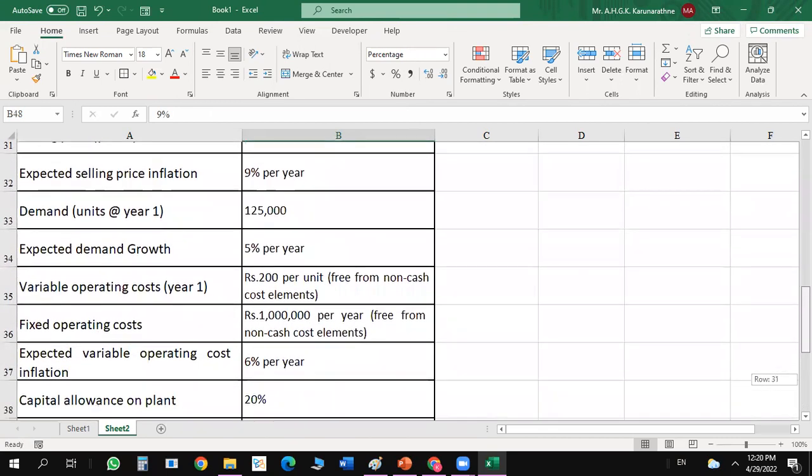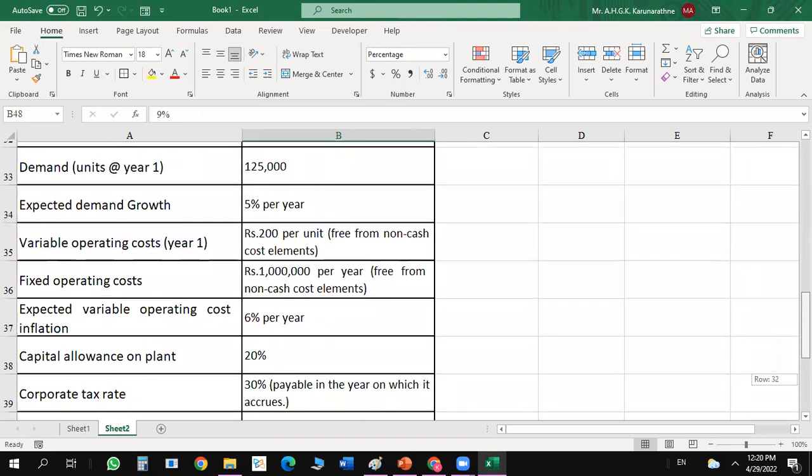And the demand in year one is 125, demand growth 5%.